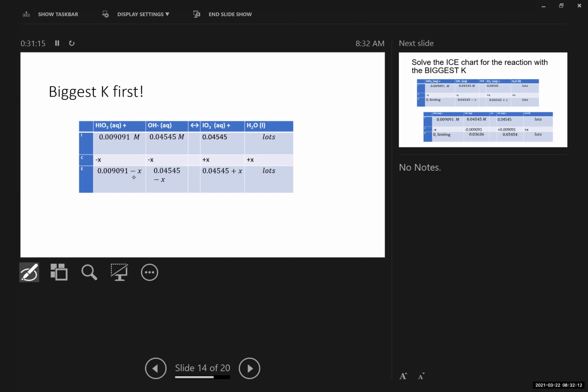Since K is super big, the implication of being super big is that you're really not in equilibrium, right? And so in a phrase, you are a limiting reactant problem, which means what in terms of my ice chart?